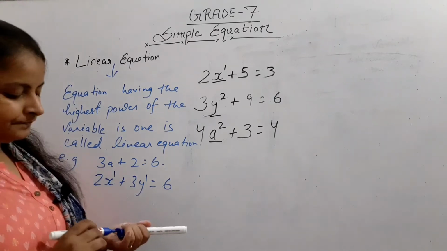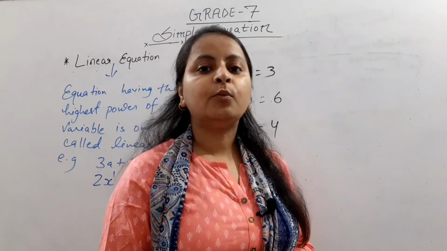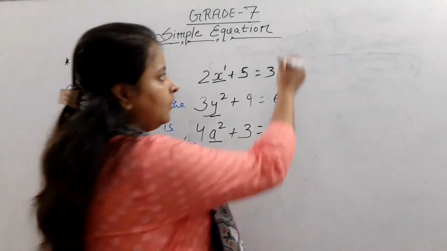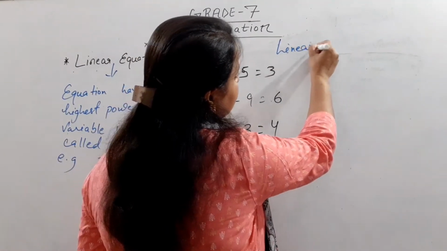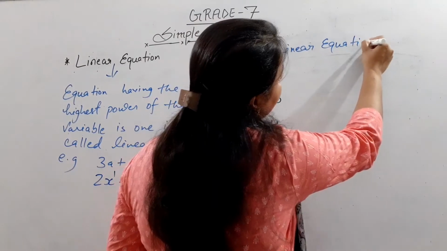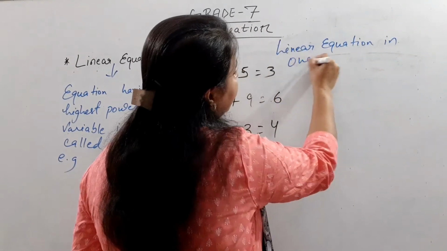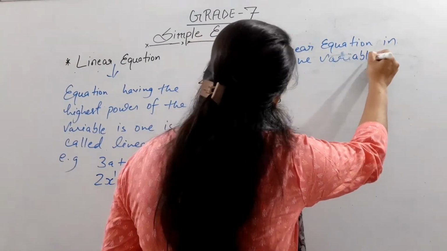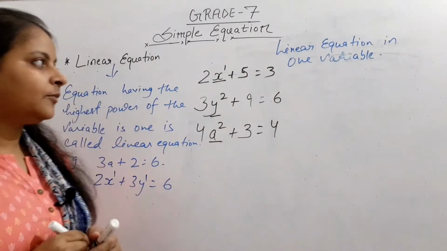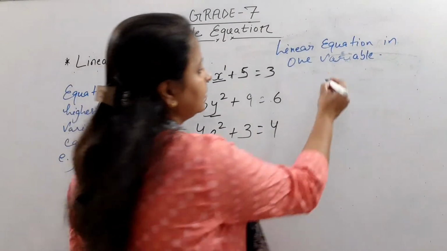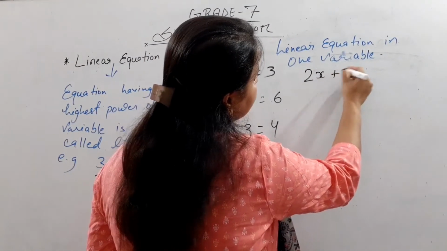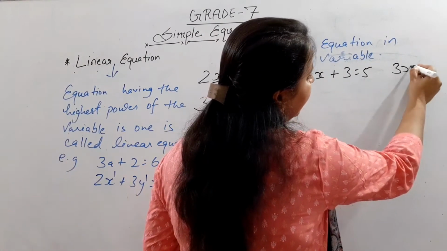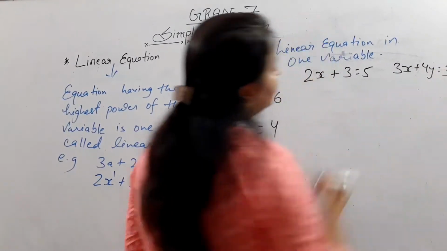Now students, after linear equation, we learn about linear equation in one variable. Here again I am going to write some equations. 2x plus 3 is equal to 5 and 3x plus 4y is equal to 3.